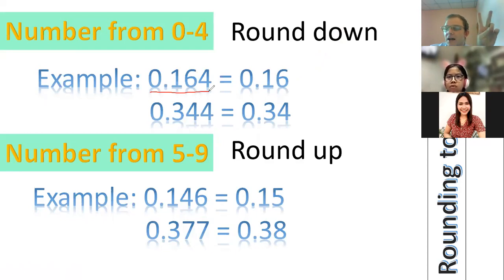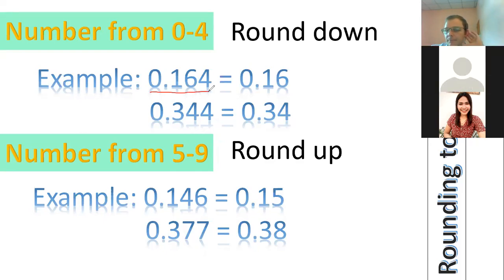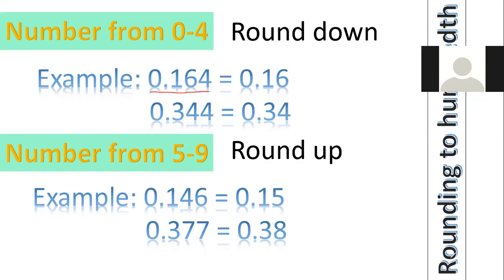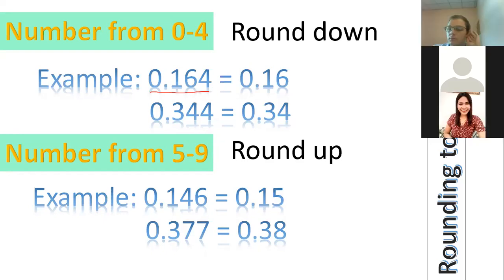What is the second number after the decimal point? Second number. It's 1, 6, 4. Come on. I'm not happy with this. 6. So the second number is 6.